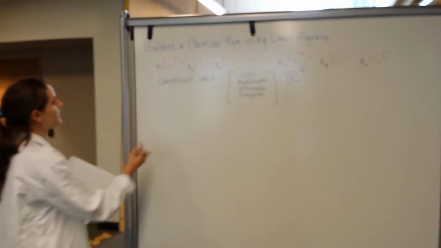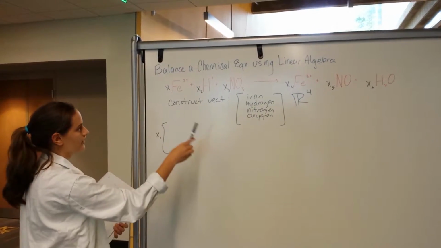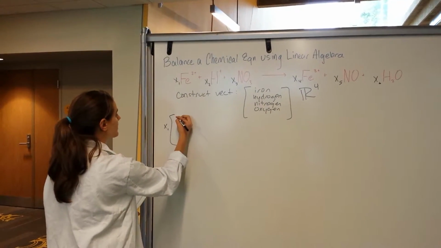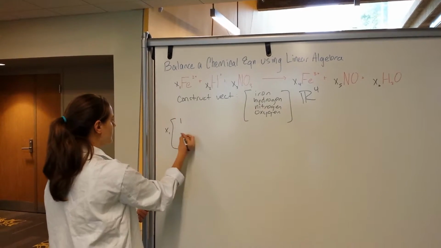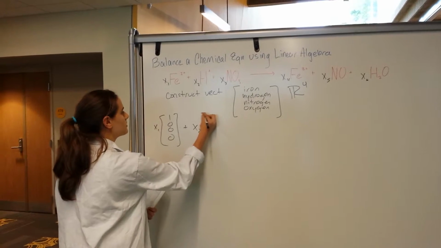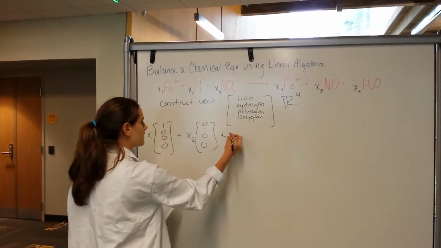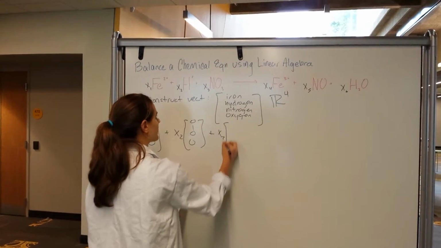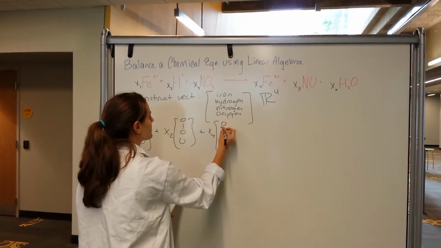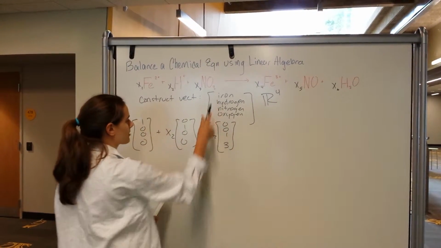Okay. So we know, now we're just going to find our vectors. So for the first vector, we have iron and nothing else. I'm going to add that to x2, where we have hydrogen and nothing else. Here we have 1 nitrogen and 3 oxygens, and 3 up there.